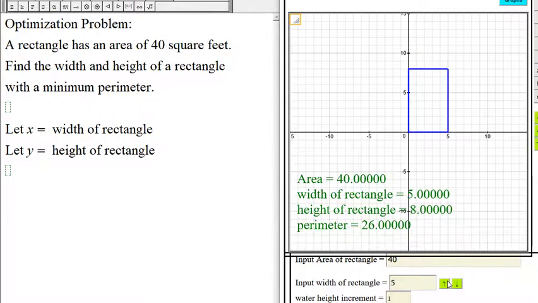For a perimeter of 25, it looks like the width should be around 6, and then the height should be a little bit more than 6, somewhere around it. But now we're going to use the derivative to find the minimum perimeter.